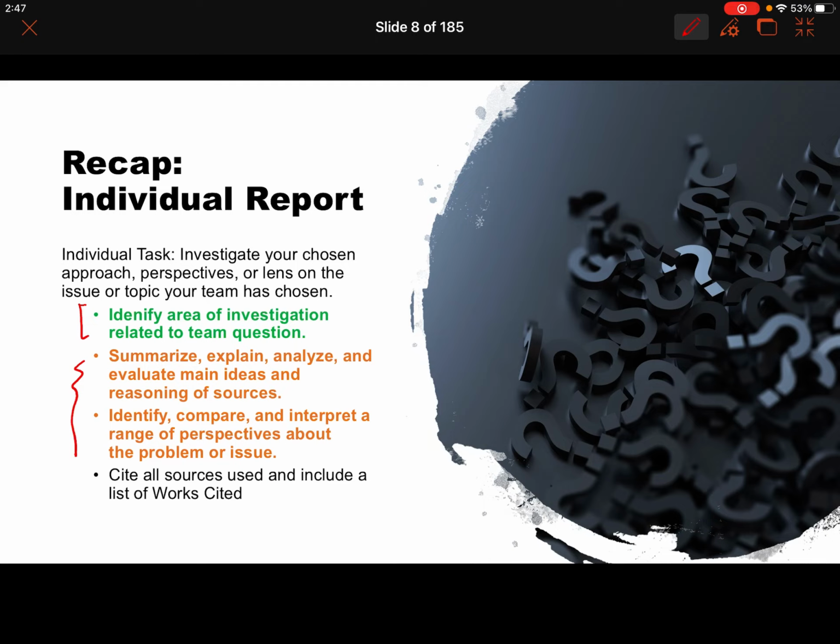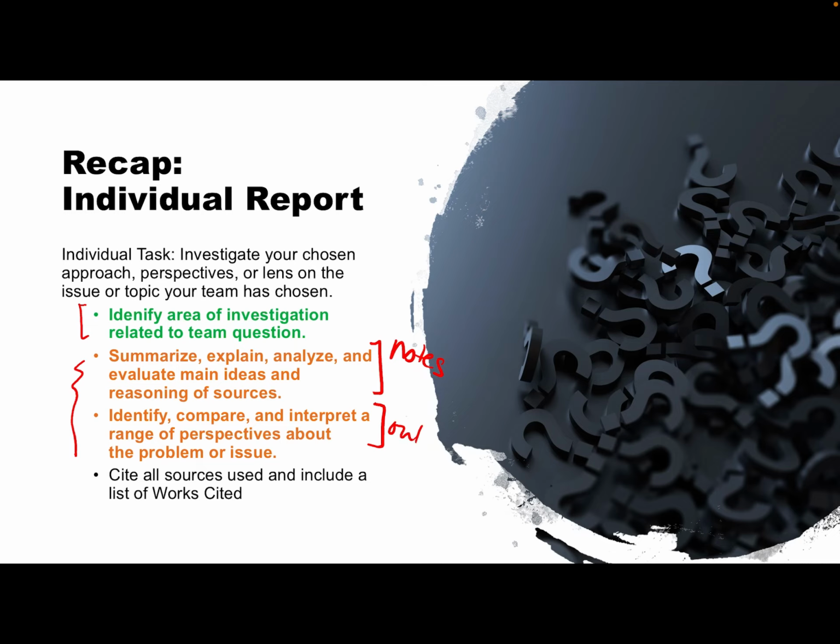we're starting to read through our sources, starting to figure out what are our main ideas, what are the sources, what are the reasoning of the sources, how do they develop their standpoint, if there are any gaps, that kind of thing, with our ultimate goal of, okay, I'll break down each one. So this is kind of our notes assignment for right now, and then this is our outline.